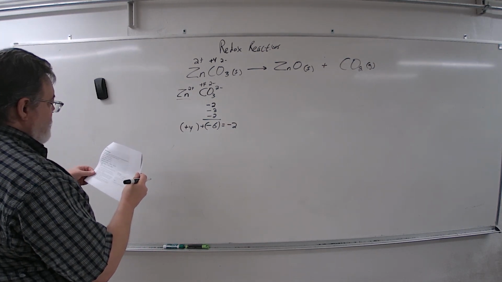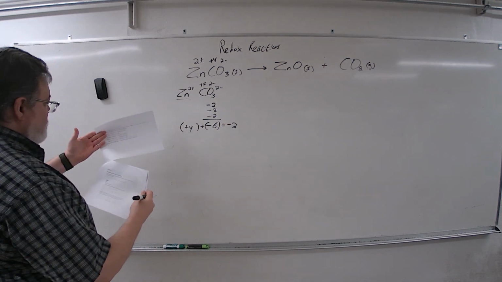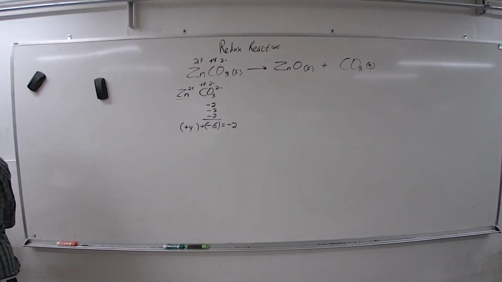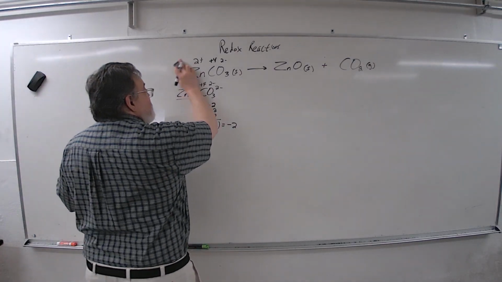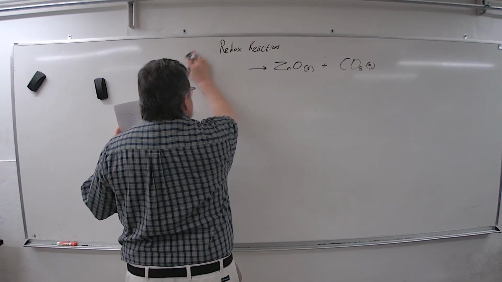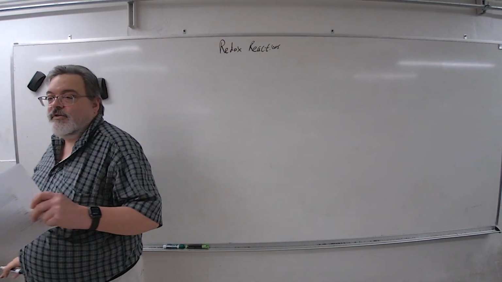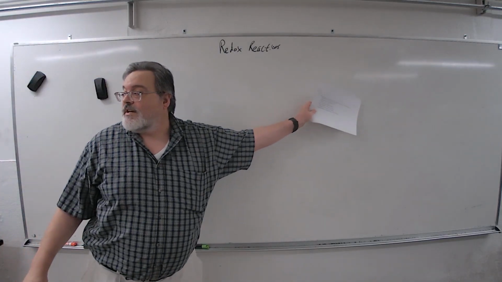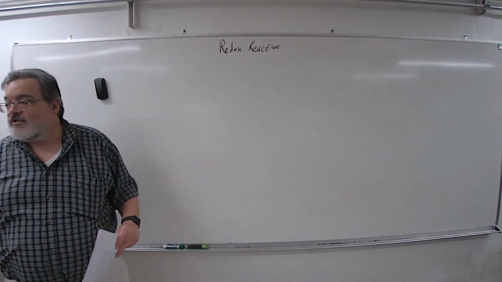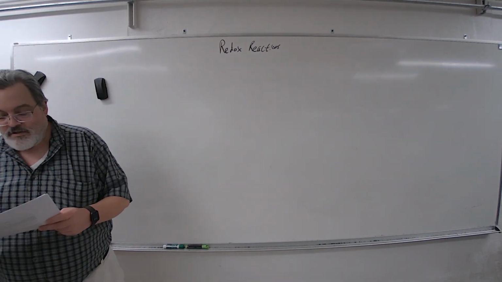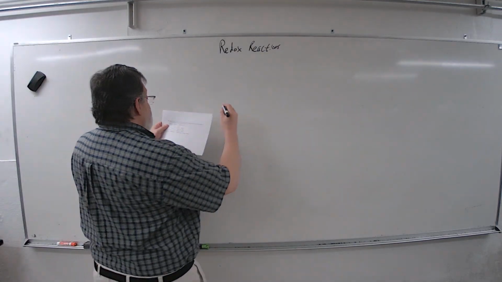This is not a redox reaction. So let's move on. There's a section that says, tell me whether this is a redox reaction or not. If we went through all of those, we would find none of them changed their oxidation state. Carbon didn't change, oxygen didn't change, zinc didn't change. But let's deal with it.